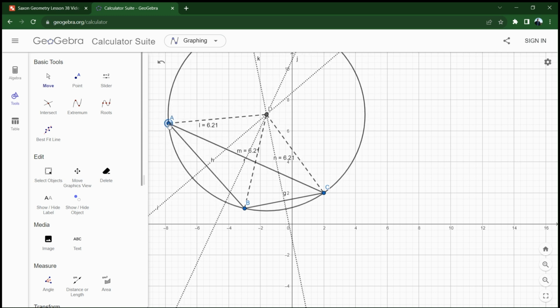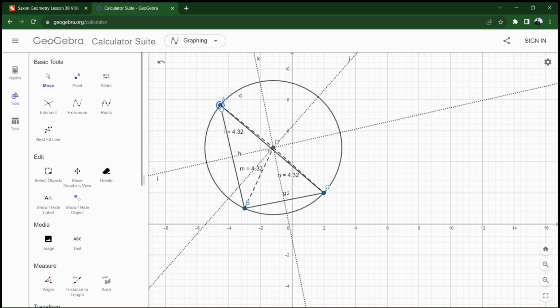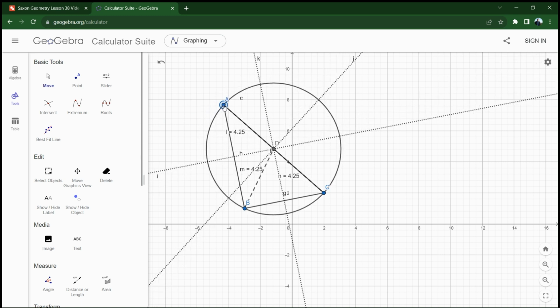Notice that when I have an obtuse triangle, my circumcenter is outside the triangle, but I still have a circle that can contain all 3 of my outer points. If I have a right triangle, like this one, my circumcenter is somewhere on the hypotenuse.